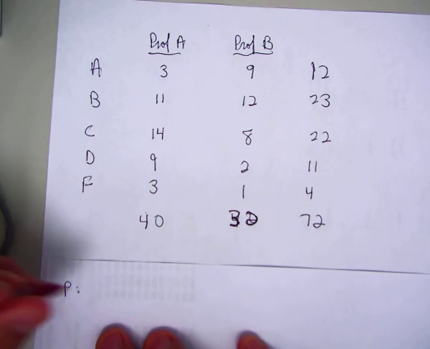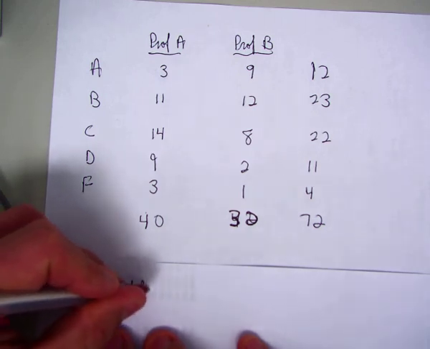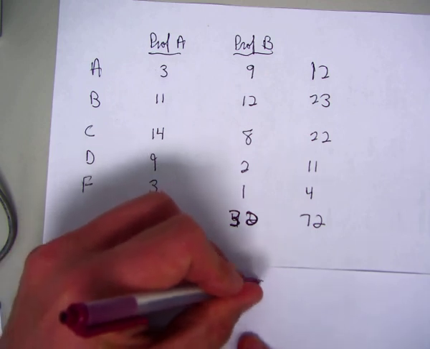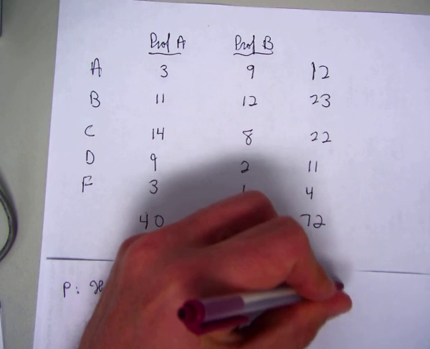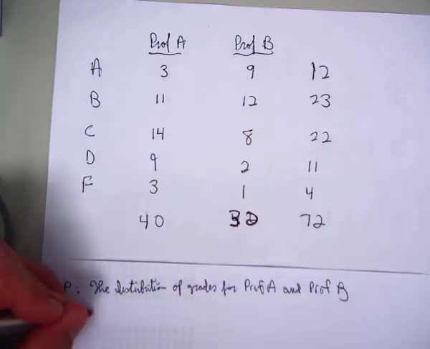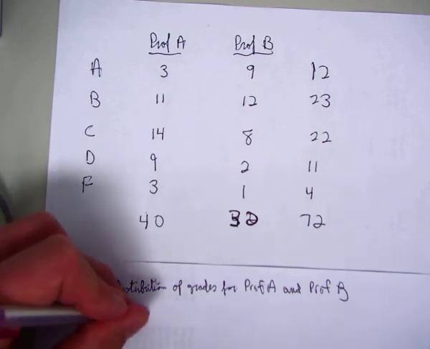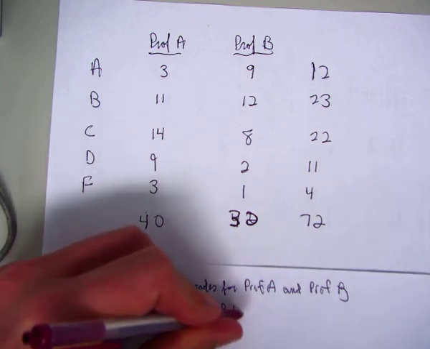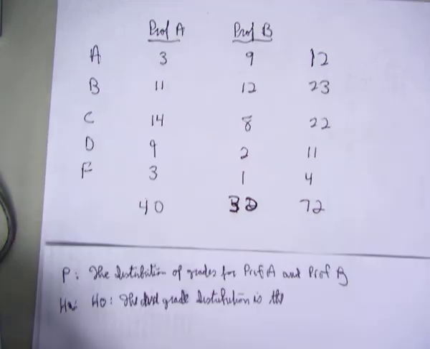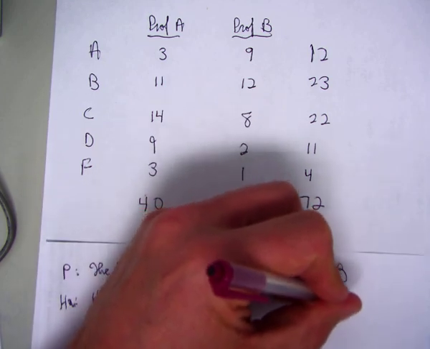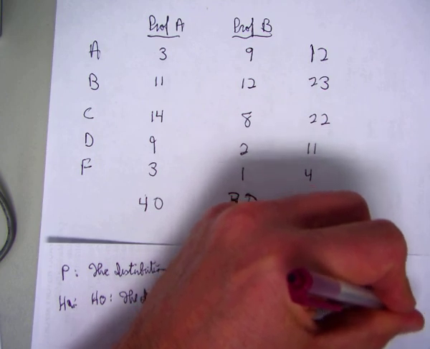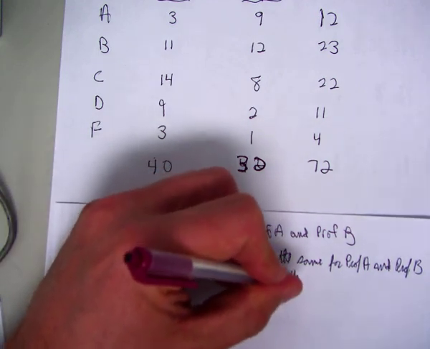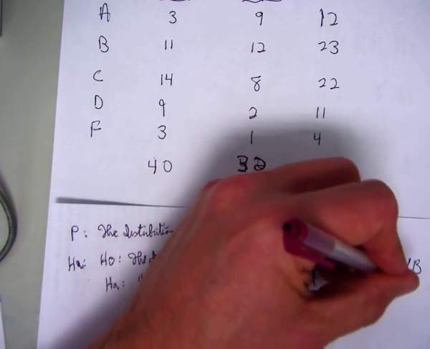So our parameter here is the distribution of grades for Professor A and Professor B. The null hypothesis, H null, is the grade distribution is the same for Professor A and Professor B. The alternative hypothesis, obviously, is the grade distribution is different for Professor A and Professor B.